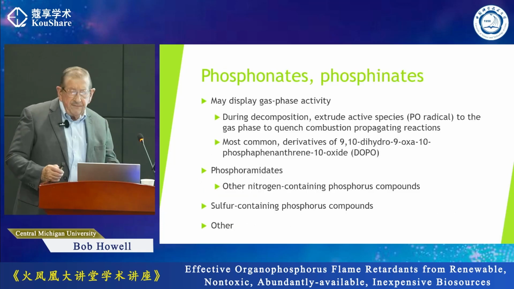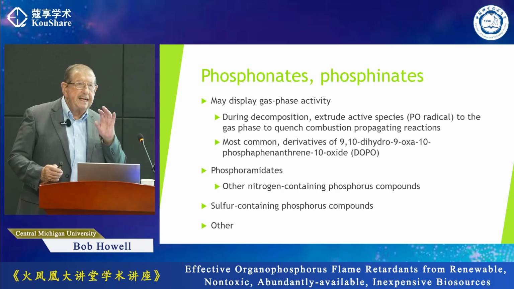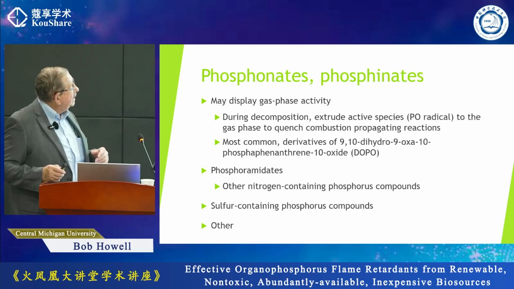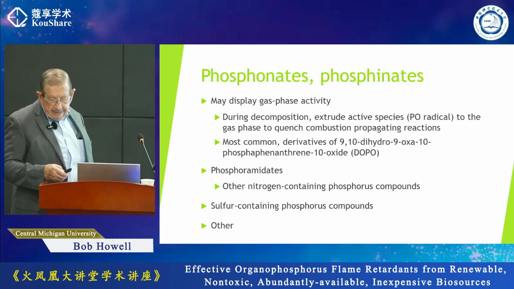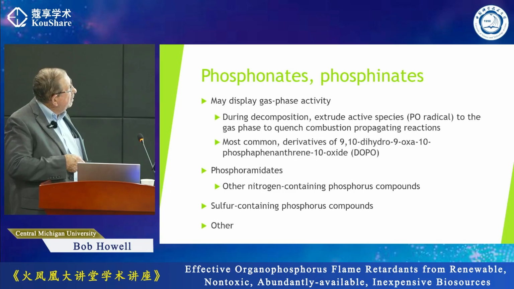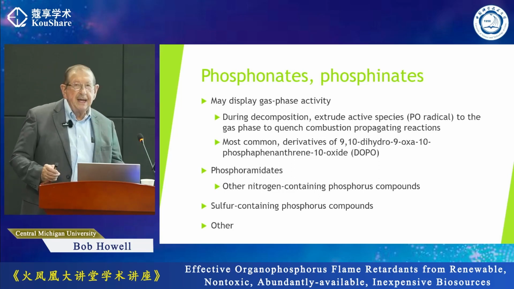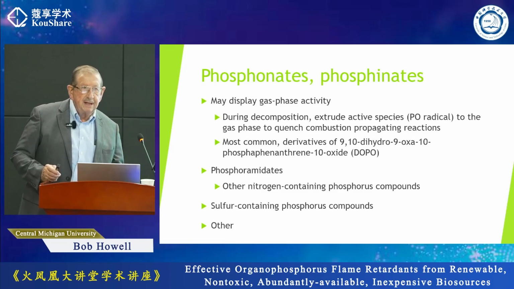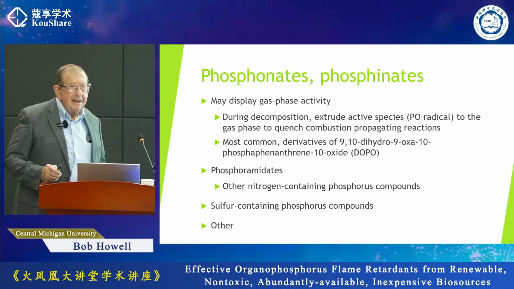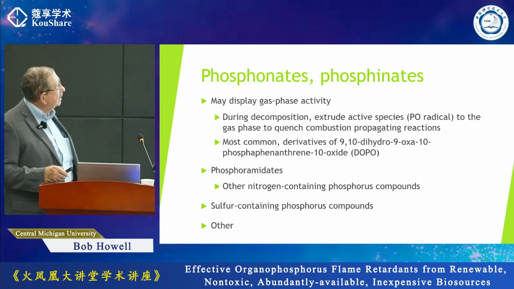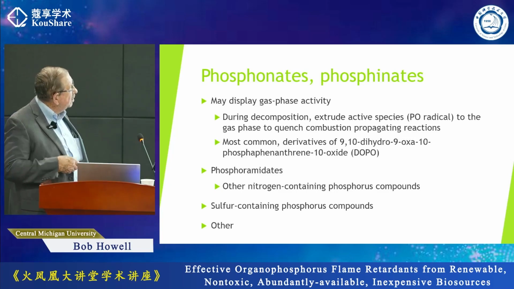For the phosphorus compounds which contain a lesser amount of oxygen at phosphorus, they often undergo decomposition to liberate, in principle, the PO radical. Lots of other things have been implicated, but the PO radical is the only one which has been rigorously established as a gas phase flame retardant.